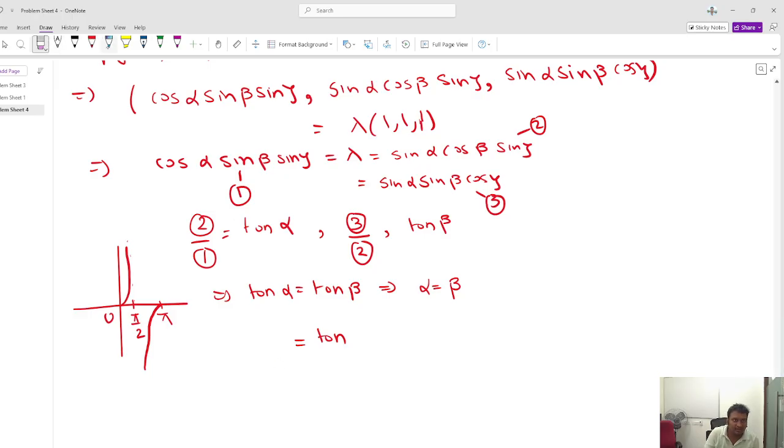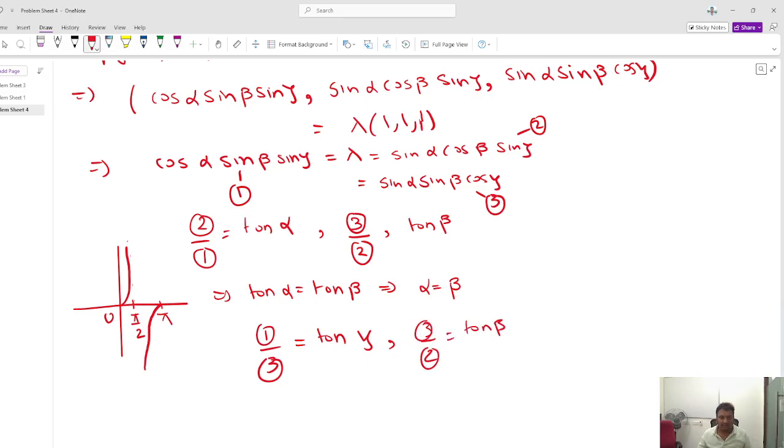So you get 1 by 3, you get tan of gamma, and then I need one more equation in gamma or beta. I'm not very great at these things. So 3 by 2, if you do, what will you get? Let's do 3 by 2. You will get tan beta.